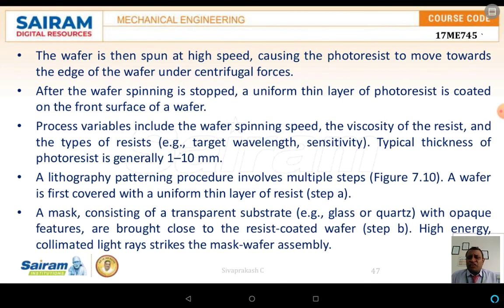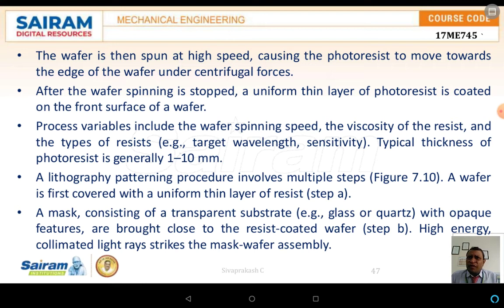Then because of the rotation speed, the photoresist material is distributed over the entire wafer. After the wafer spinning is stopped, a uniform thin layer of photoresist is coated on the front surface of the wafer. The thickness of the photoresist generally varies from 1 mm to 10 mm.